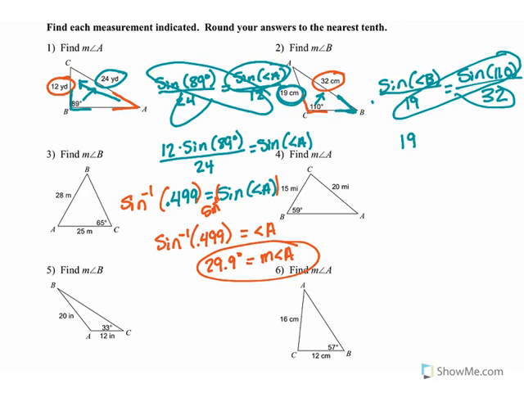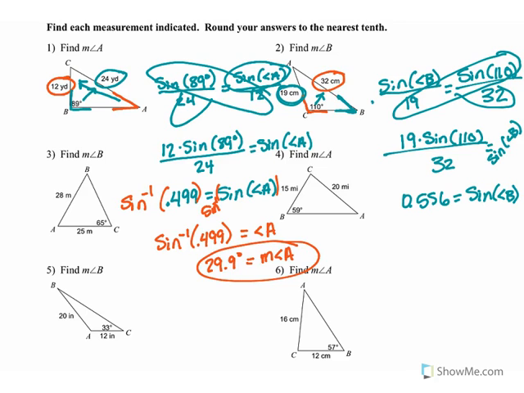So we do 19 times the sine of 110 degrees over 32 equals, I'm running out of room, the sine of angle B. When you type that in your calculator, you should get 0.556 equals the sine of angle B.